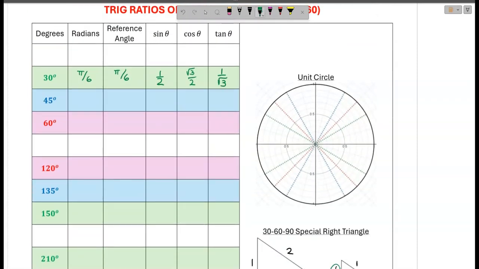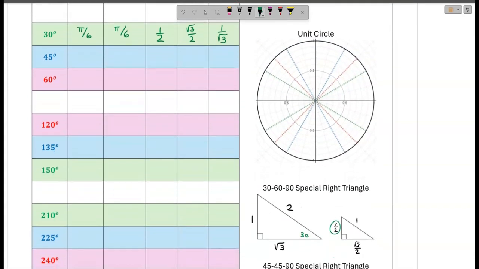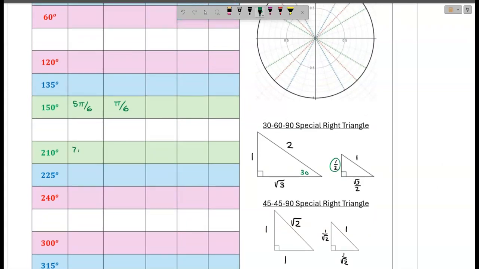Now, what happens with this is that this is going to get replicated with other angles that have a reference of pi over 6 or 30 degrees. That would be 150 degrees, which happens to be 5 pi over 6, so reference of pi over 6. 210, which is 7 pi over 6, or pi over 6.